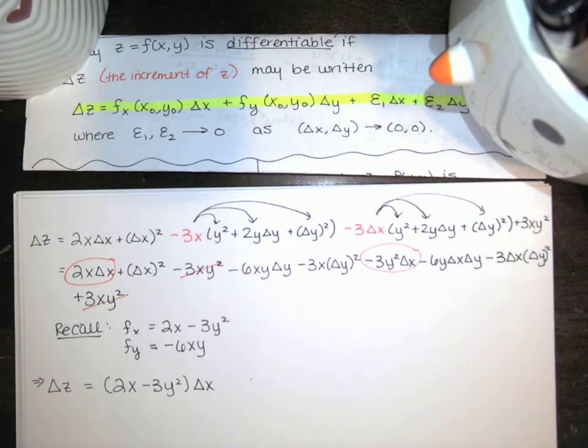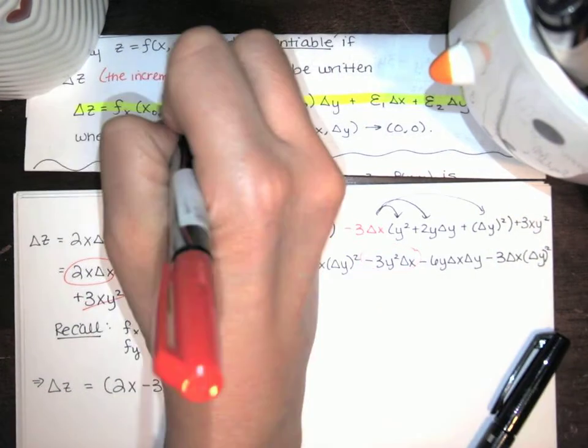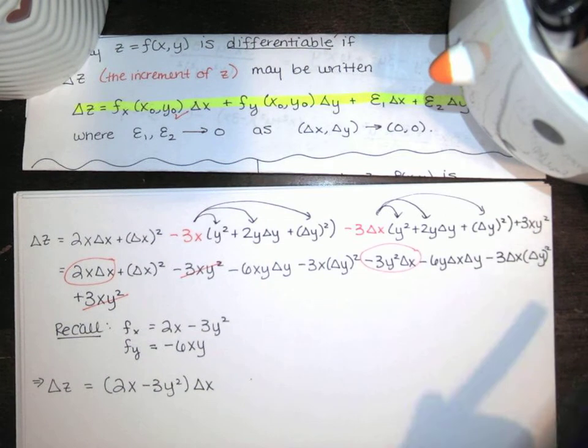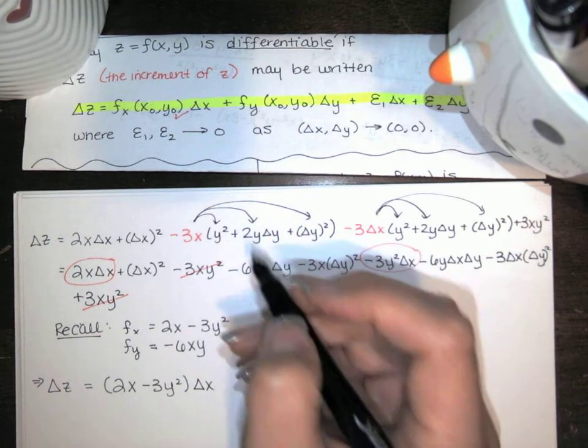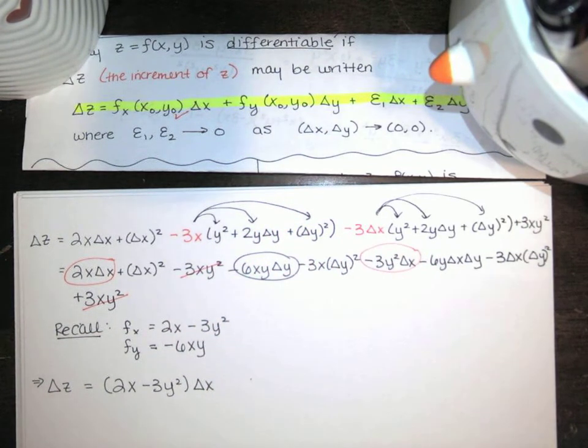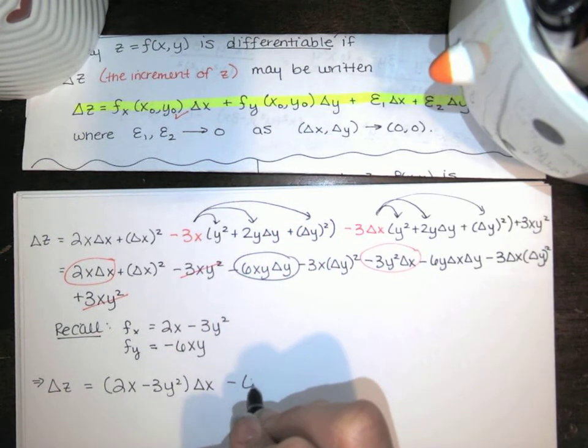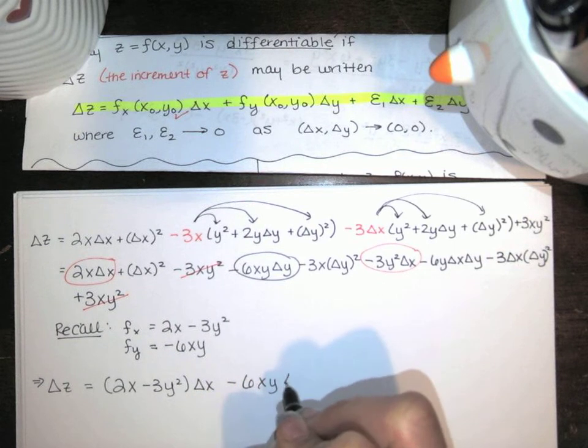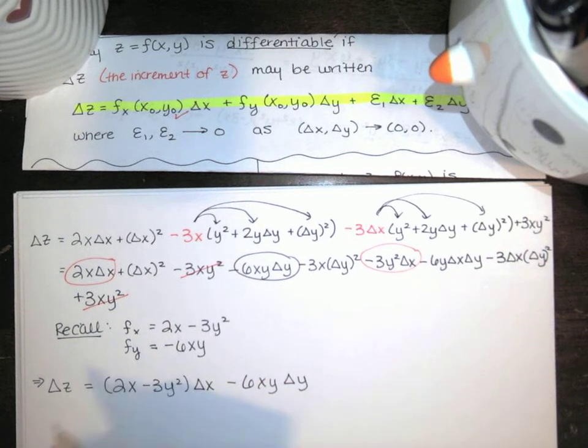And there's that first one. Awesome. And then we've got this next one. We need a negative 6xy times delta y. And there it is right there. So I've got minus 6xy times delta y. So far so good.